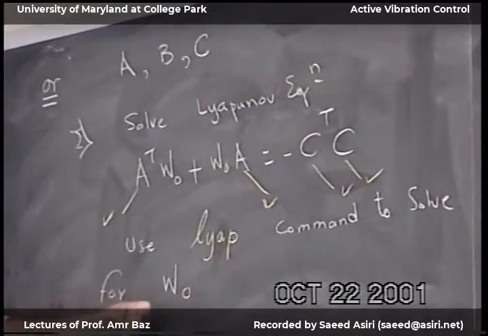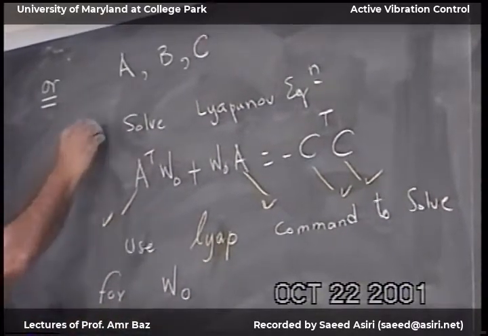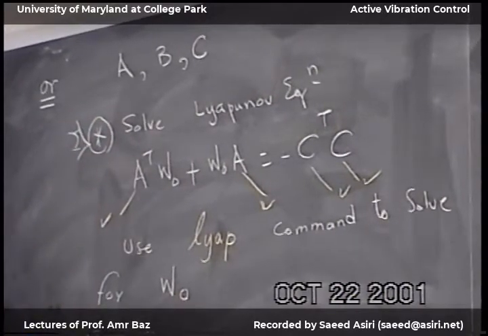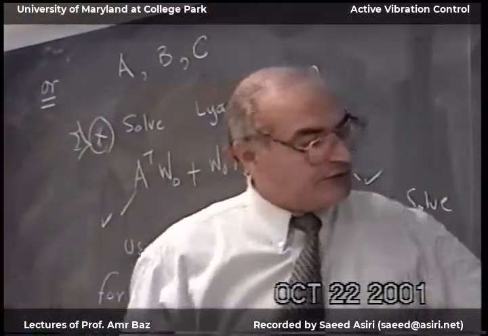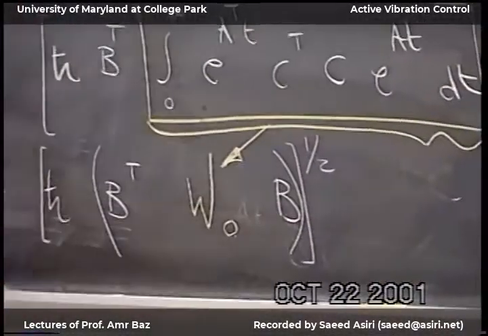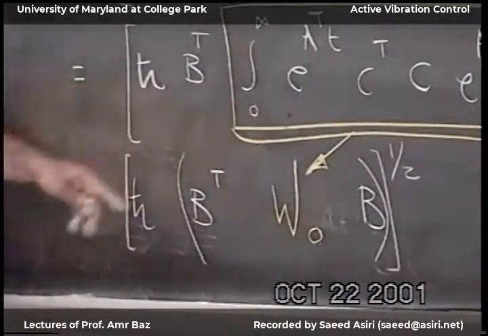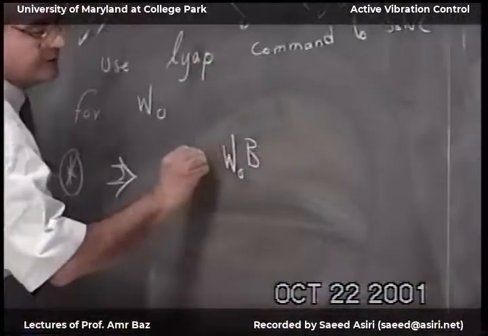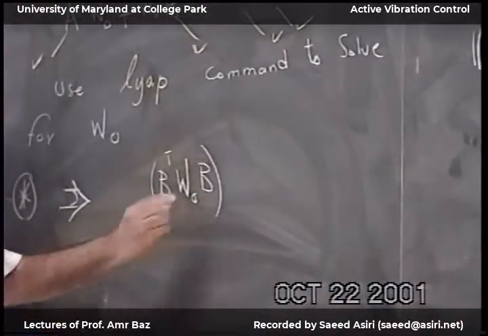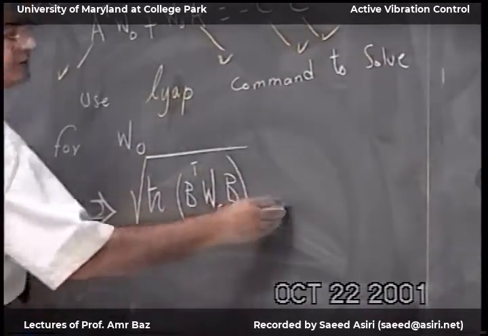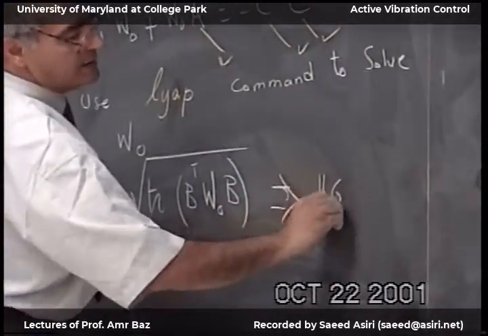Now we have W0. Then I go here. We have W0, and we have the B and the B transpose. Get their trace. This is a matrix. Get its trace, and then get the square root. Then this will give us the H2 norm.